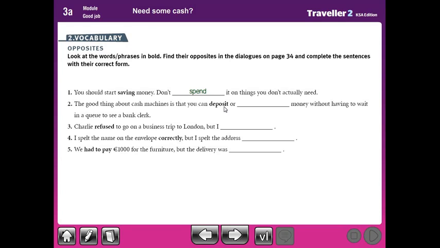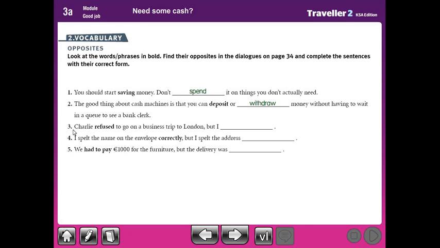The meaning of deposit is to put money in a bank account. The opposite of deposit is withdraw. Yes, withdraw: remove or take away something from a particular place.